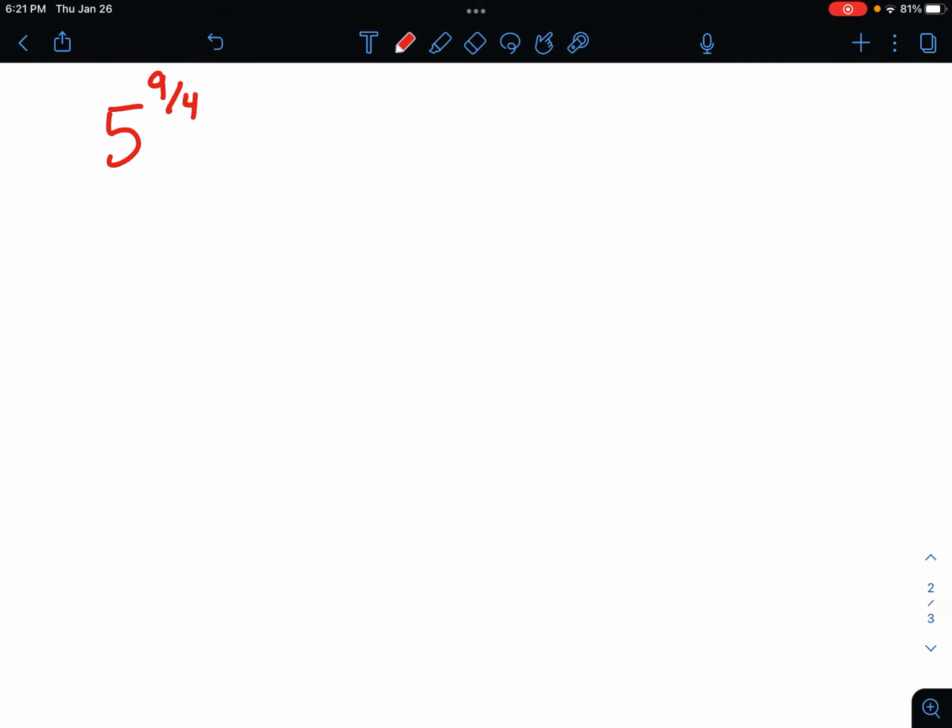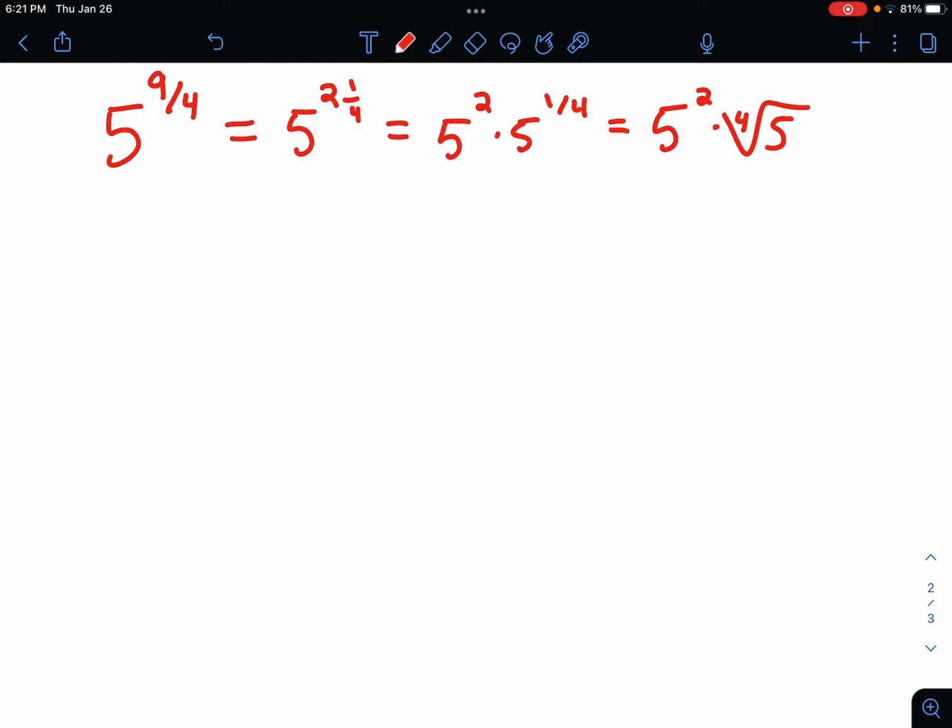And so 9/4 is interesting because this is equivalent to 5 to the 2 1/4, which we know would be equivalent to 5 squared times 5 to the 1/4, or 5 squared times the 4th root of 5. So that's one thing to consider. But if we just go directly to our radical notation, this is also equivalent to the 4th root of 5 to the 9th power. So all of these are valid ways of writing the same thing.